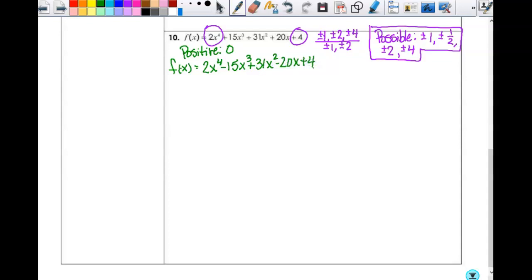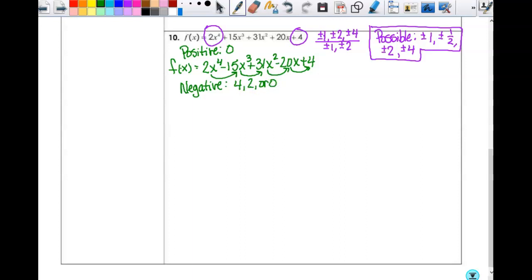Okay. Then I look at the variations here. Positive to negative, negative to positive, positive to negative, negative to positive. So that's 1, 2, 3, 4. So my negative possibilities are 4, 2, or 0.